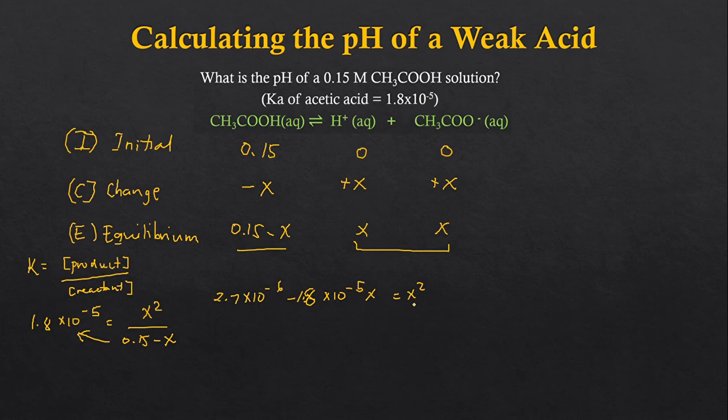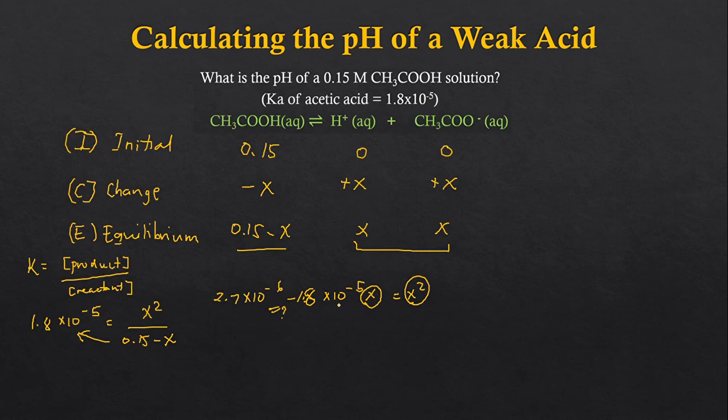Okay, so napapansin ninyo, may x squared, may x, tapos walang symbol. So, anong papasok sa isipan nyo kapag ganyan yung structure ng equation natin? This is a quadratic equation.